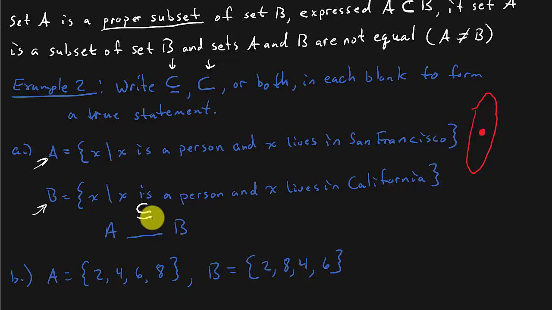Yes, because are the people in San Francisco the same as the people in all of California? No, it's not. There are a lot more people in all of California than in San Francisco, so we could use both symbols, either one.